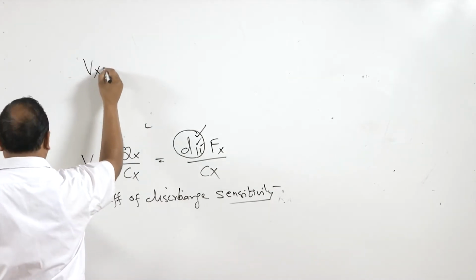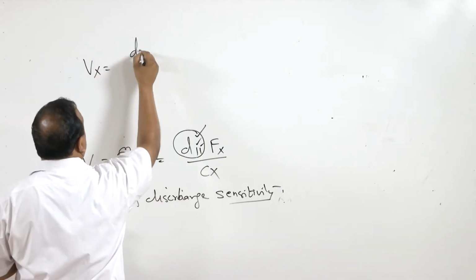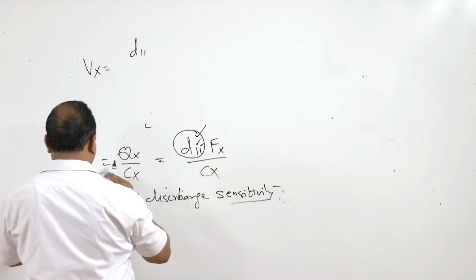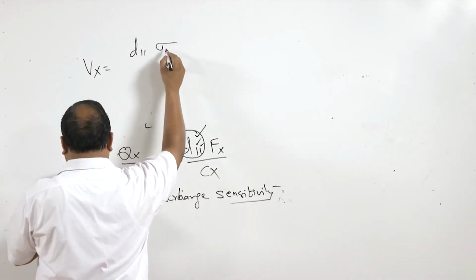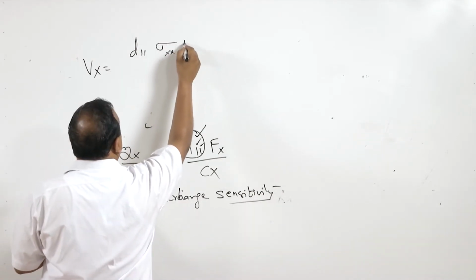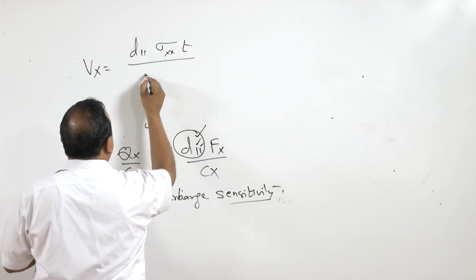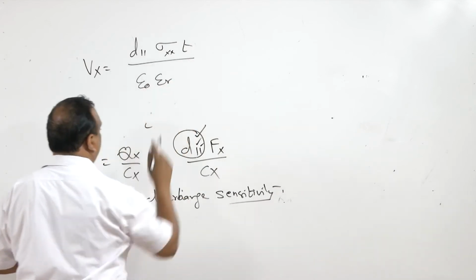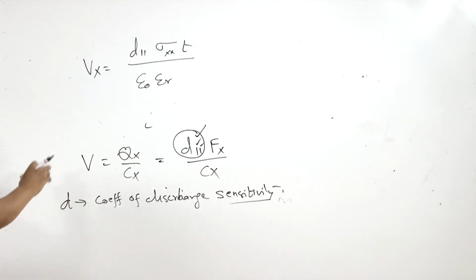Vx can be written as D11 sigma T divided by epsilon naught epsilon r. Now this is Vx across x. Is it clear?